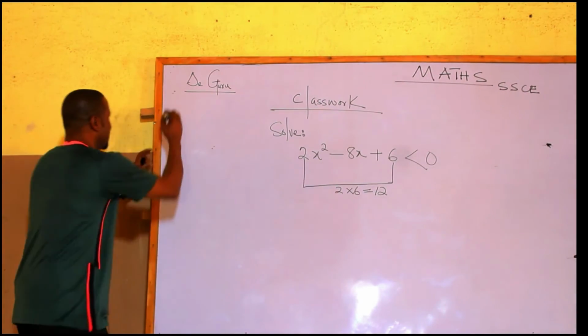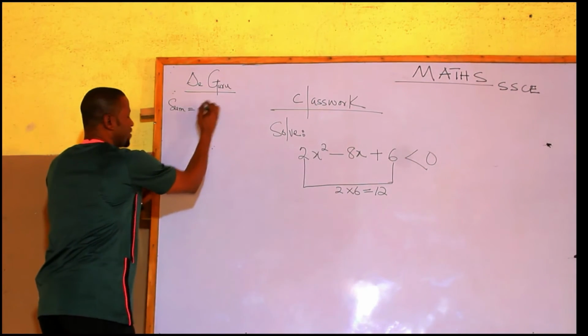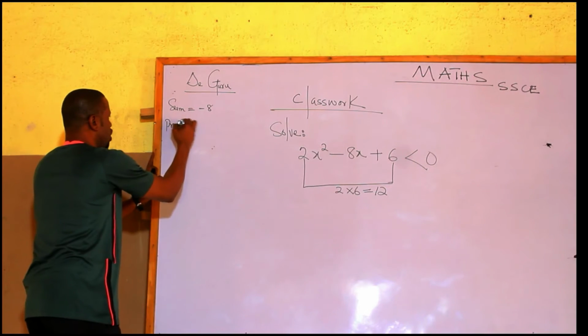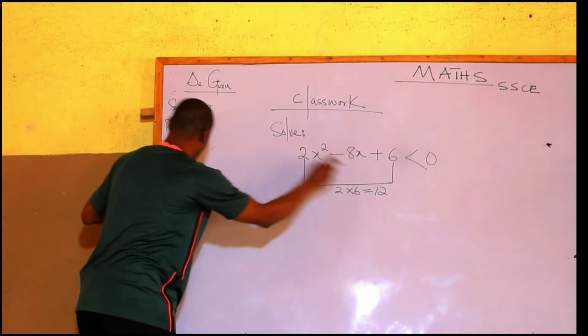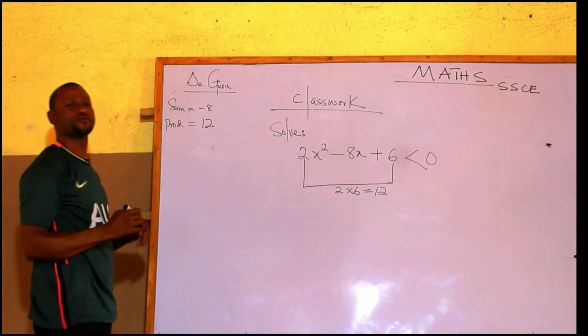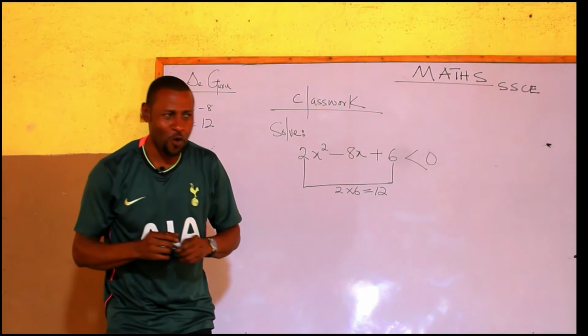Two numbers whose sum is minus 8 and whose product is 12.